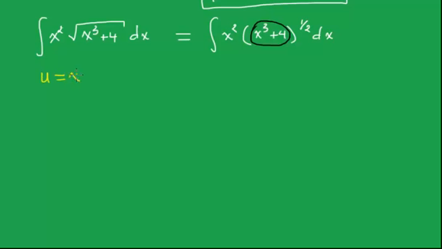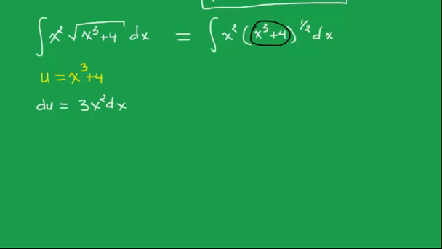So u here is x cubed plus 4, the inside function. When you make your substitution, the next step is to compute du. So du here is, what's the derivative of x cubed plus 4? It is 3x squared dx. Now we can divide by the constant 3.